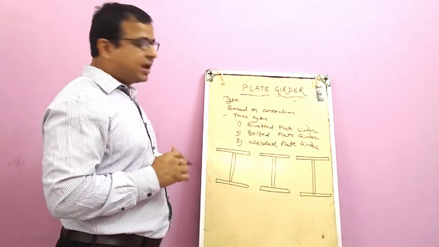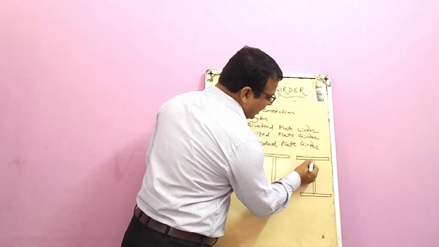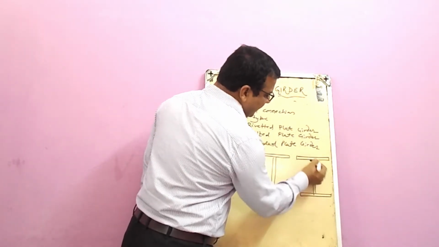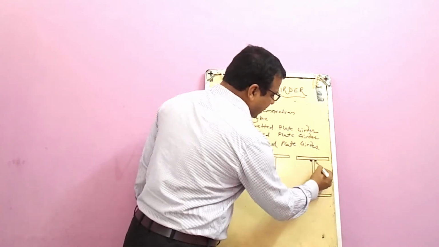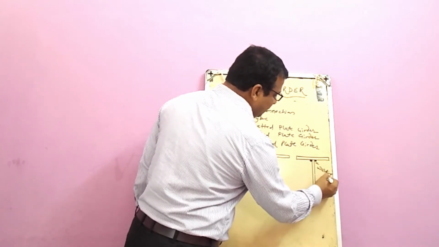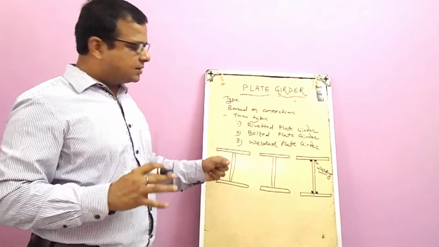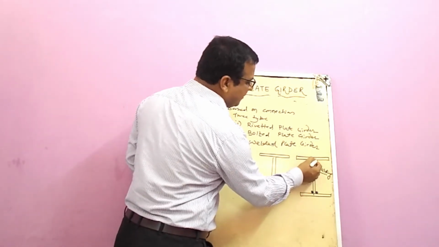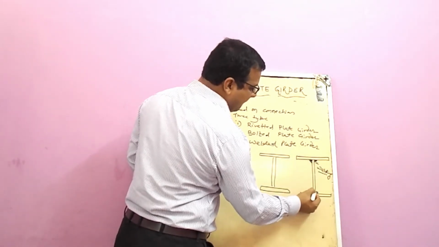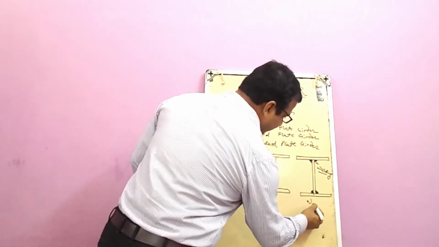Now in the case of the welded type, we will simply carry out the welding here. So this will be the welding. This type of plate girder is made up like that. So these are the welded plate girders.